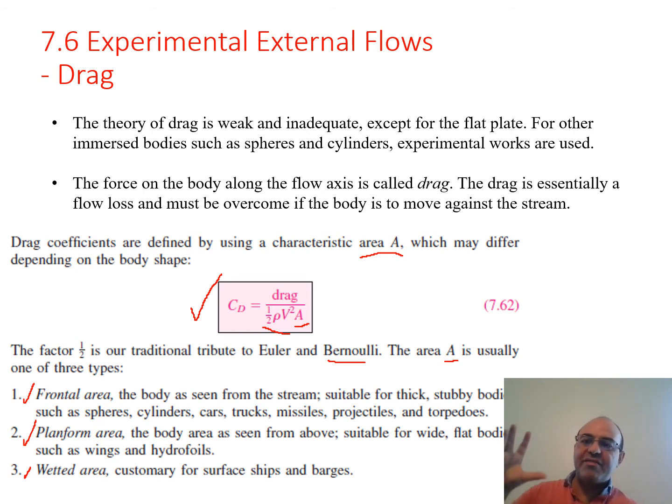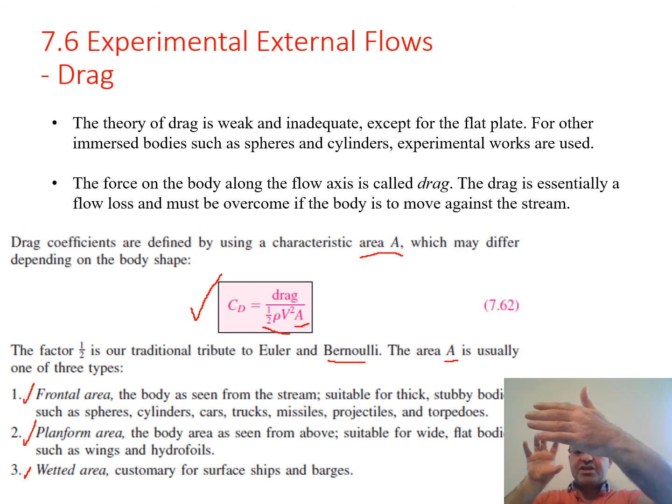So for instance, you have a car moving on the road and you want to find the drag force. CD is expressed and given in tables in terms of the frontal area. The frontal area is the area which is in the direction of the stream.